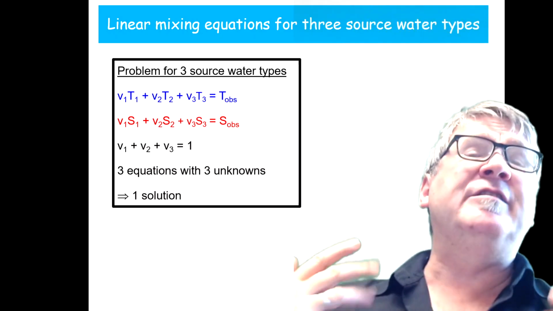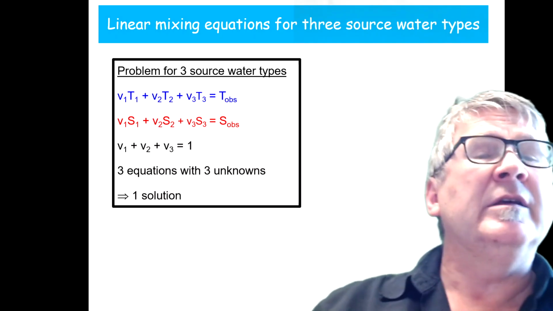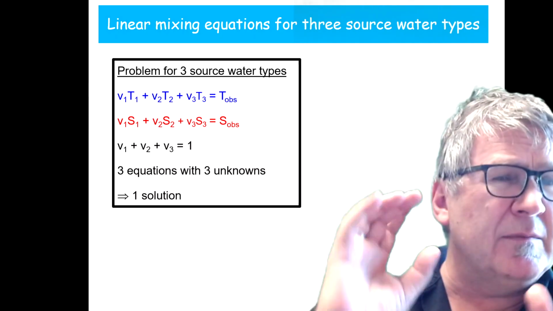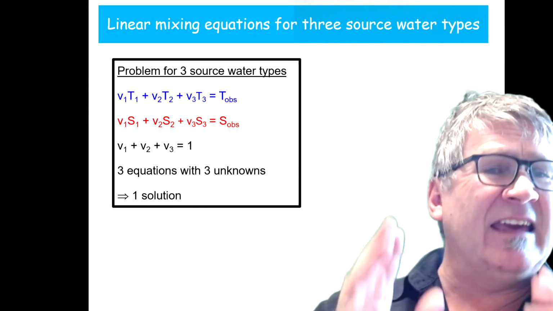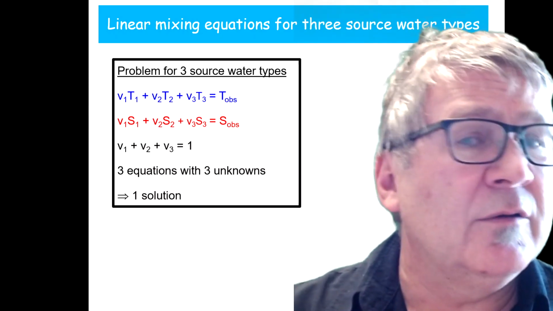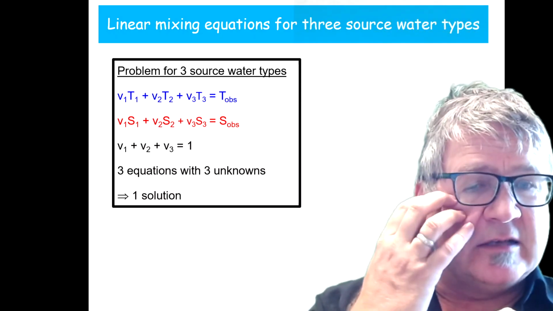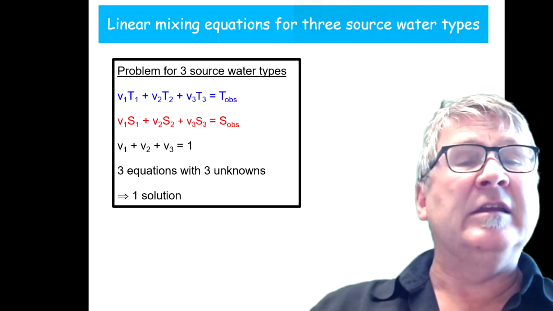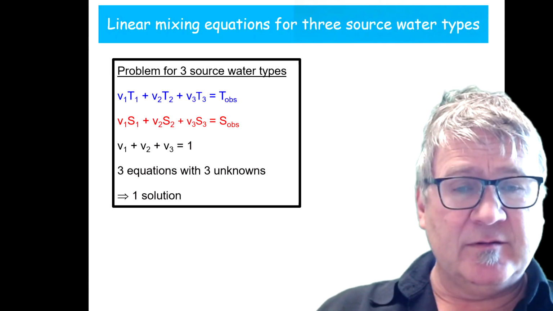And if you have additional information, like dissolved oxygen or other chemical elements, it becomes a little bit more complex because you also have decay and chemical reactions. It's easiest with temperature and salinity because they are conservative properties.